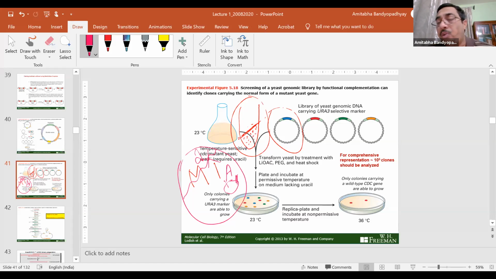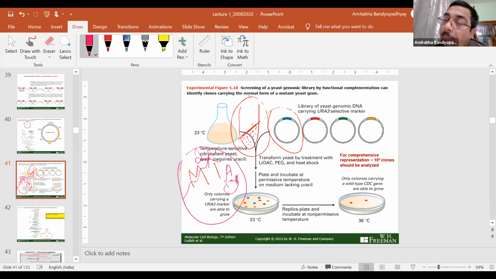You don't care for those that are not growing, because your whole population M1, which was mutated in gene A, was not able to grow at 36 to begin with. You only look for those that could grow at 36 degrees. You know that that particular mutant therefore will have the plasmid coding for the good copy of the A gene.